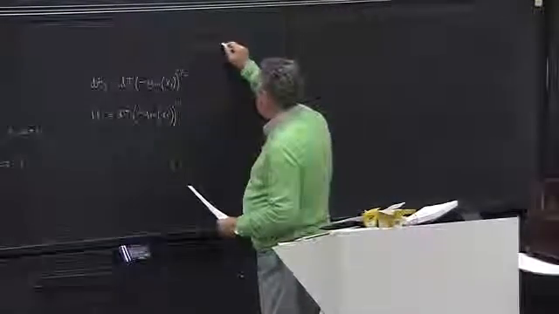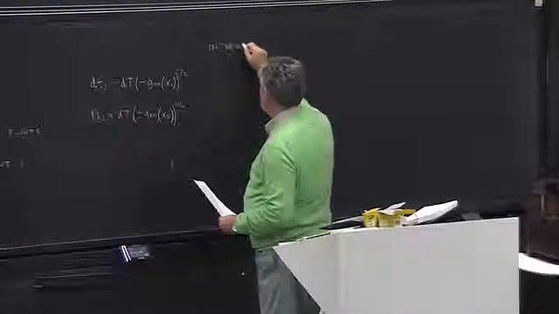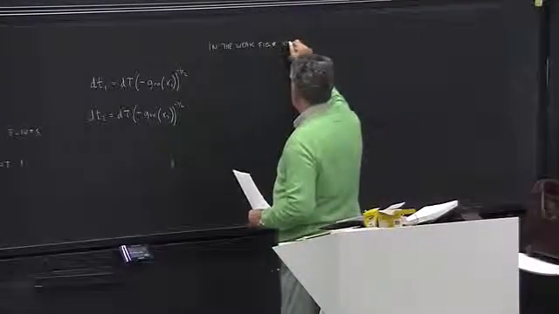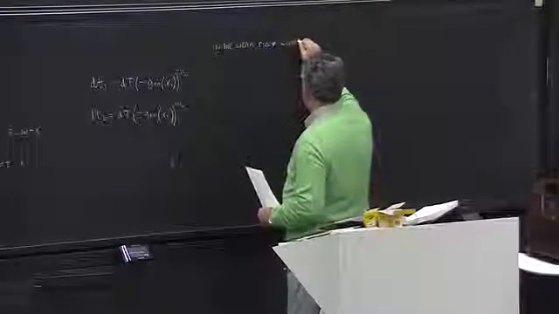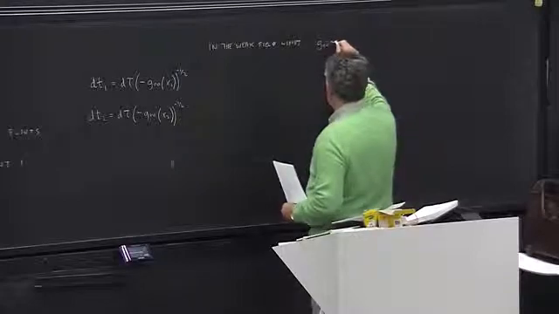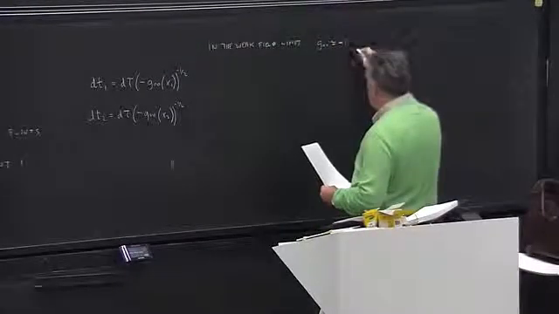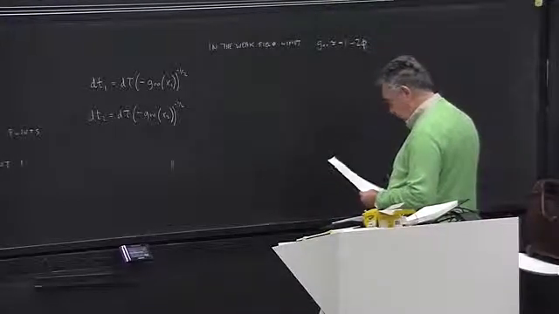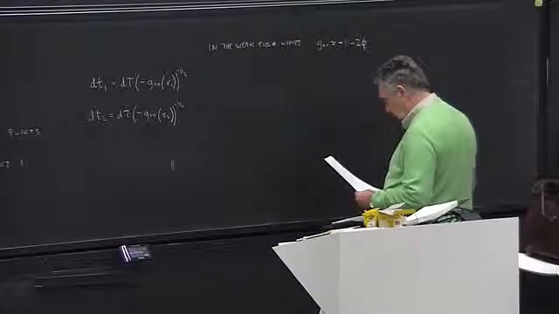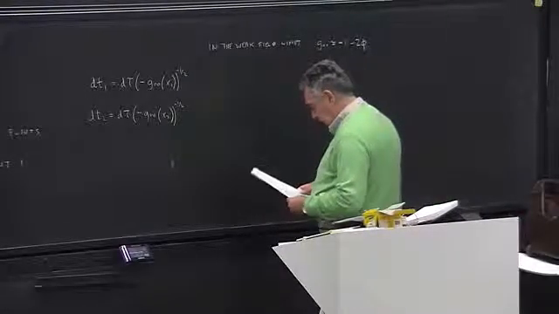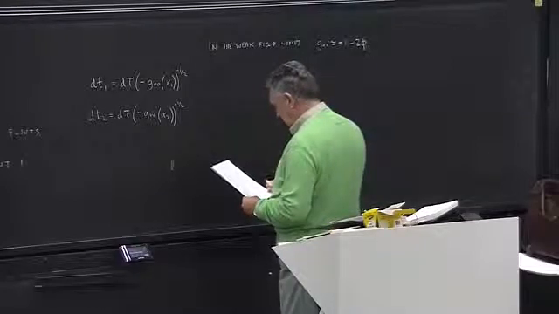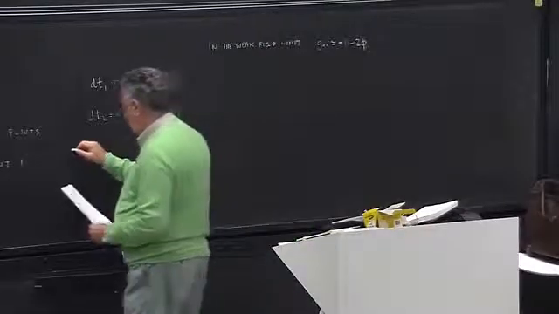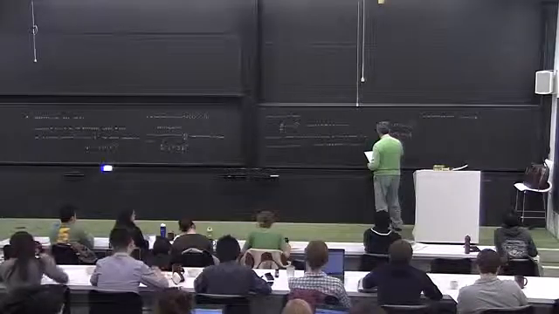Now, in the weak field limit, g naught naught is approximately minus 1 minus 2 phi. Let me make a comment about the frequencies of the light.